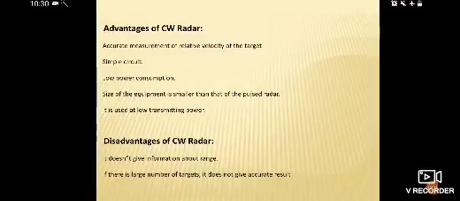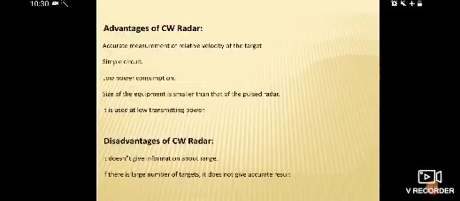It has a simple circuit and low power consumption, and the size of the equipment is much smaller than that of the pulsed radar. It is mainly used at low transmitting power, and it shows accurate measurement of relative velocity of targets. These are the advantages.